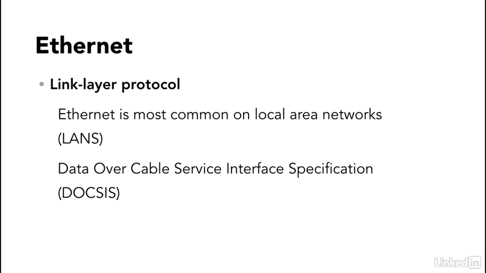This is a protocol designed specifically for the cable companies. So if you have your internet service through a cable modem, the communication from the cable company to your cable modem is probably DOCSIS, but your cable modem probably converts that into an Ethernet signal, and inside of your home or inside of your office, it's probably running Ethernet because that is the most common on local networks.